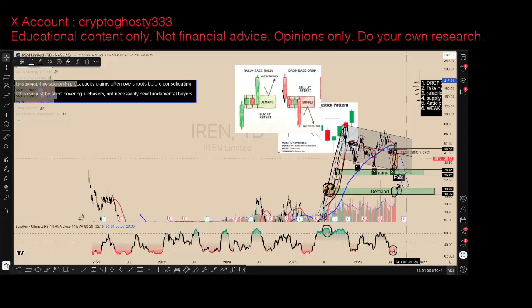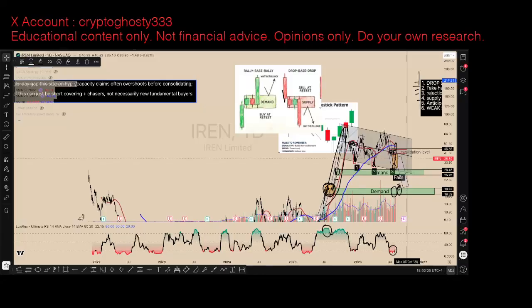In terms of risk, there's a lot of fundamental risk that people are not even talking about. IREN will continue to have dilution in the future. Basically this company is burning cash. They have negative free cash flow in order to continue to build the AI buildout, right? That's one of the risks I see.